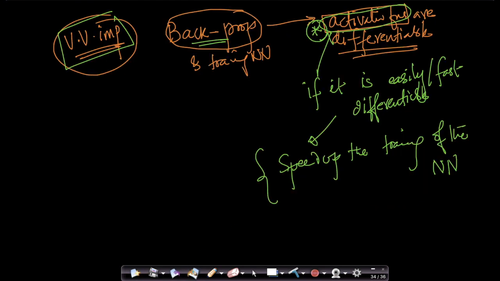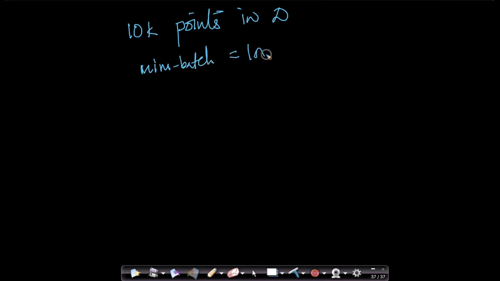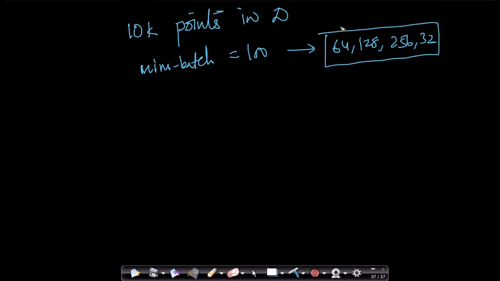Let's take an example here. Let's assume I have 10,000 points in my data set, and let's assume my mini batch size is 100. Typically mini batch sizes are like 64, 128, 256, 32, etc. They are mostly powers of 2 because of the way mini batch leverages the RAM.